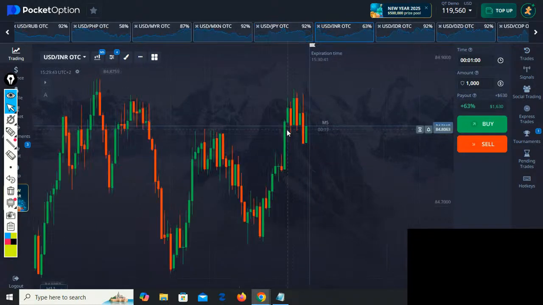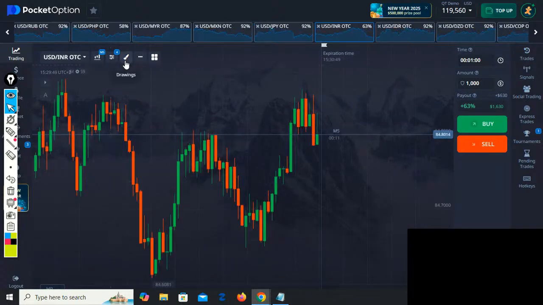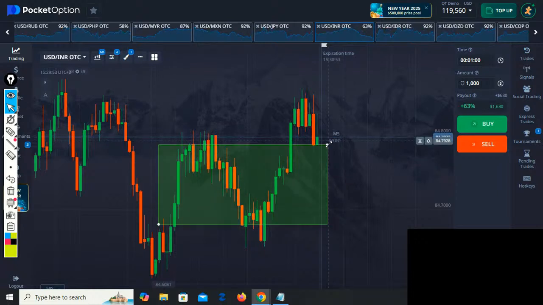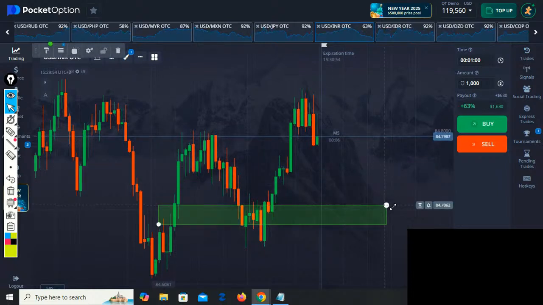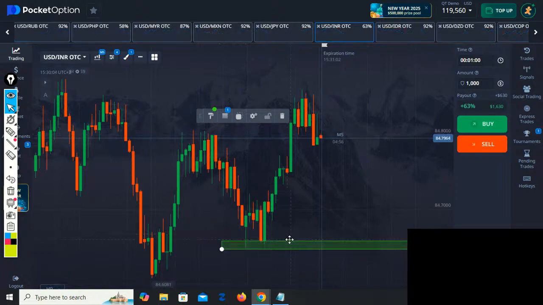Let's find different setups. This is a strong area here. Let's mark it, the rectangle. See that? Amazing.